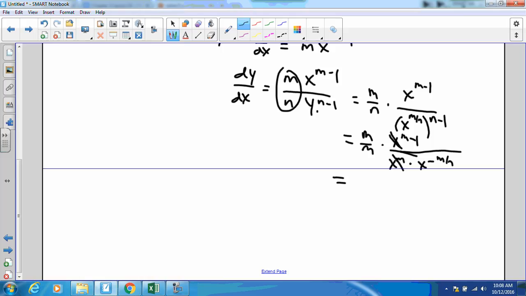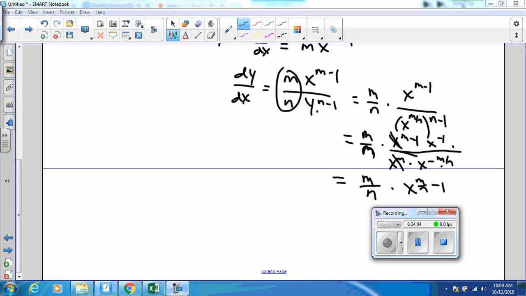Well, this is pretty straightforward. x to the m is canceled, taking a factor of x to the minus 1 behind, and 1 over x to the negative m over n is the same as x to the m over n. So that I get x to the m over n minus 1, which is exactly as advertised. That's it.